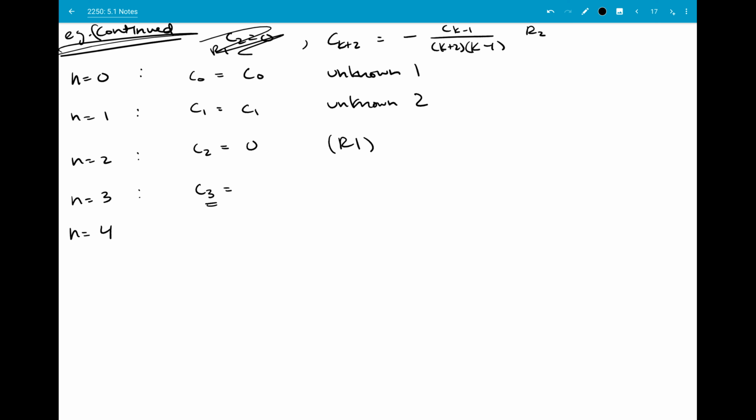So if I'm looking at C3, I want to know what it is. That means that I plug in R2. That's the only thing that I can use. And that'll tell me what C_{k+2} is. So if I want k plus 2 to be equal to 3, I need to plug in k equals 1.